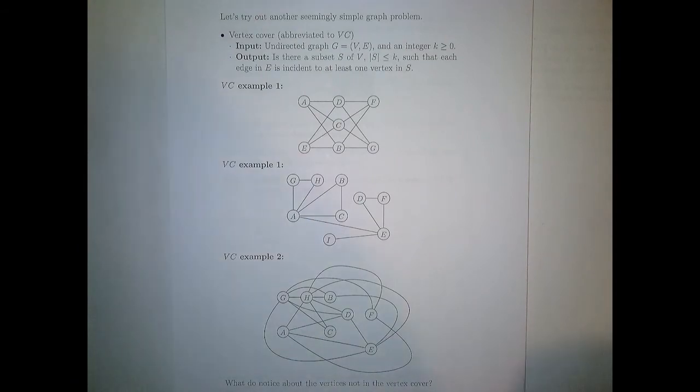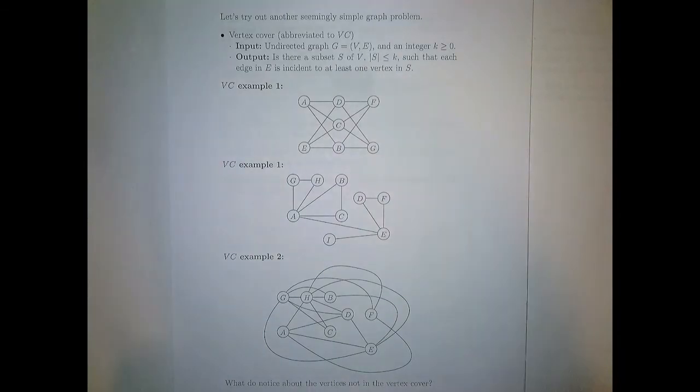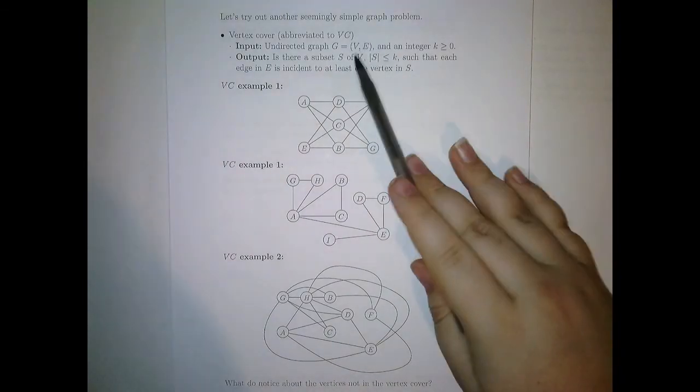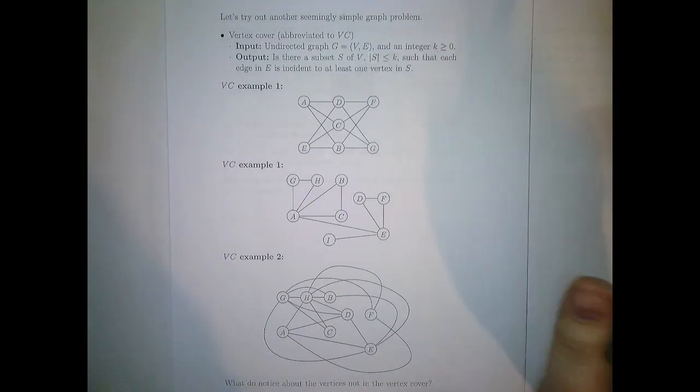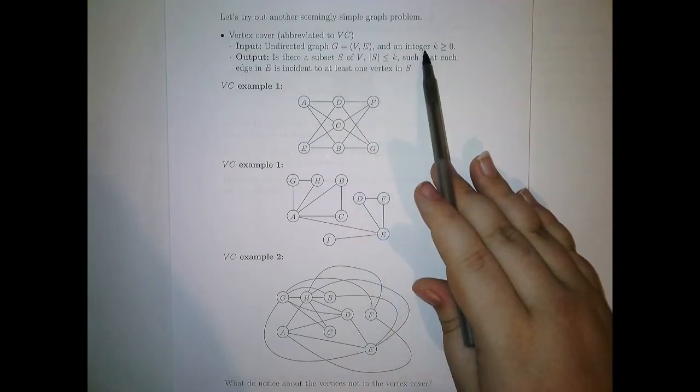Continuing here. Let's try out another seemingly pretty simple graph problem. This one is the vertex cover problem, abbreviated to VC. And again, this is an undirected graph problem, and you're given an integer k greater than or equal to 0. Okay, so same idea as the previous ones in terms of inputs.